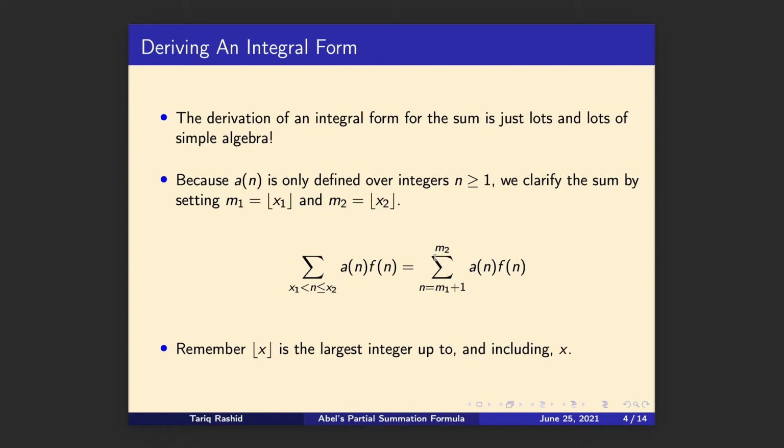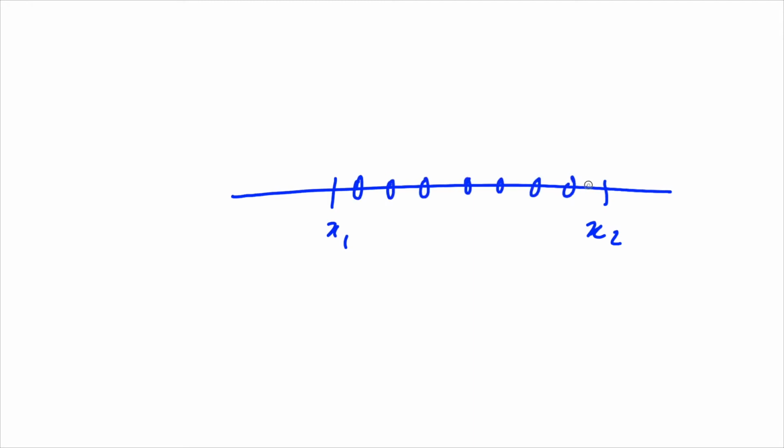If we drew a picture to explain it, we'd say, here's a number line, here's x1, here's x2, and we can only take integer values along that point.